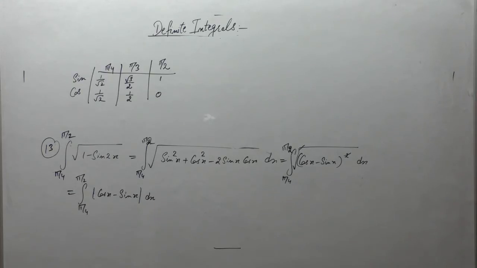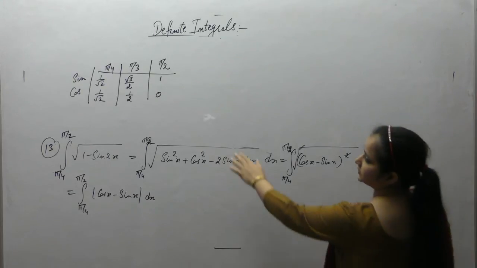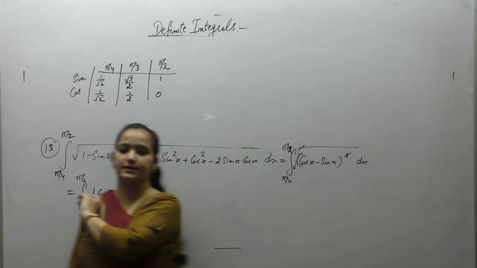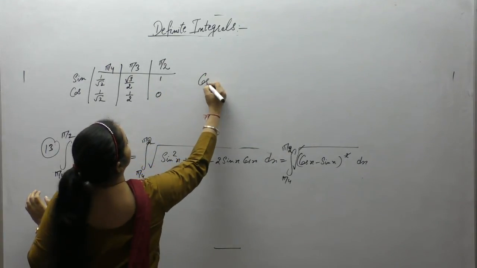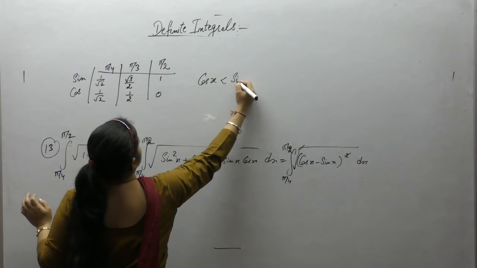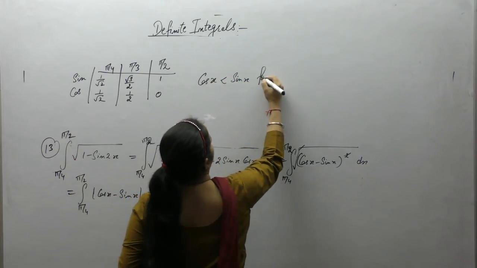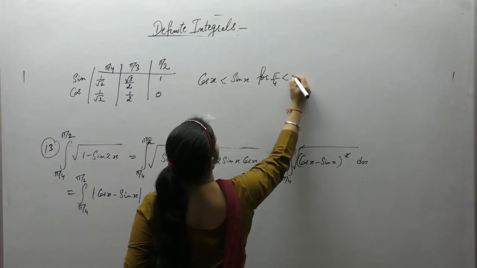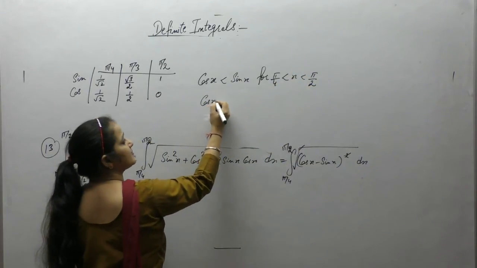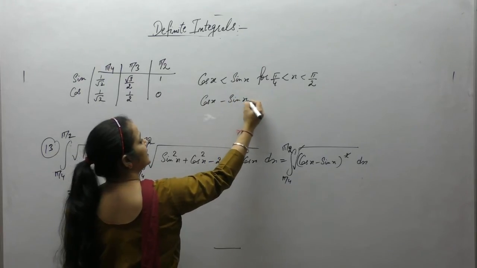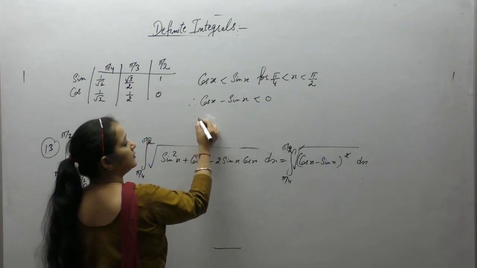Now the value of cos is less than the value of sin in this interval, pi by 4 to pi by 2. Cos x is less than sin x for pi by 4 less than x less than pi by 2. So cos x minus sin x is less than 0.